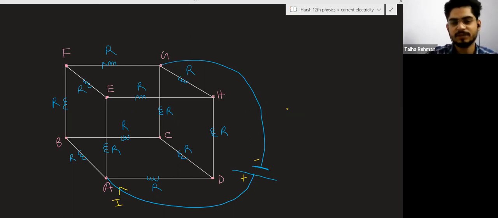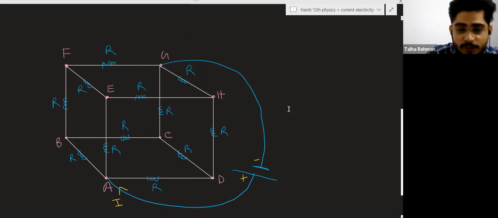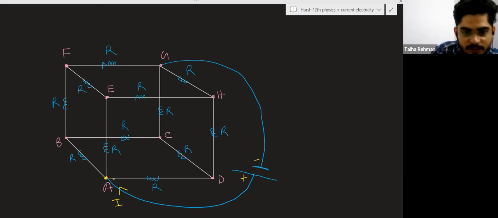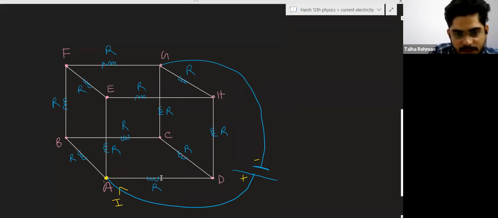First, you will say that the current I is flowing like this. From this point there are three branches, and at each branch equal resistances R are connected.